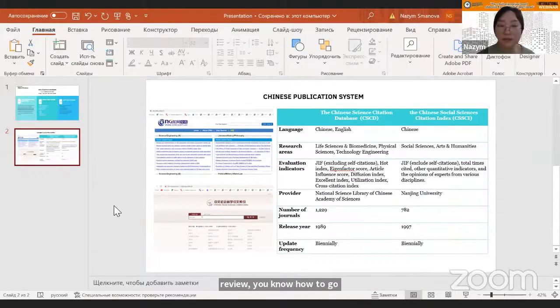And also, finally, the discussion section must include the limitations of the research. Yes, that is the list of things for publication in Chinese journals. If you have questions, I'm ready to answer. Thank you for your attention.